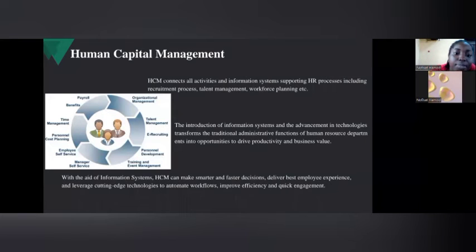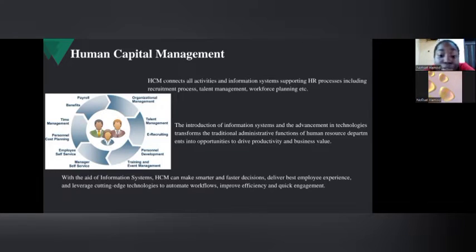Human capital management. Human capital management consists of traditional HR processes with the addition of talent management and workforce planning. Human capital is a very important core of an enterprise, and proper management of human capital will bring about productivity for the enterprise.